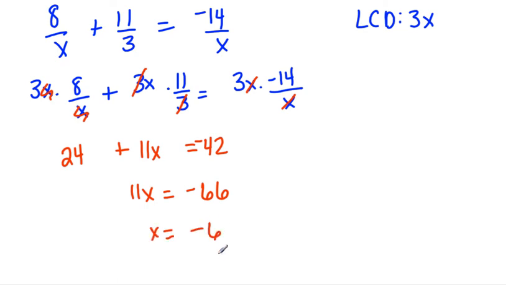Is -6 the true solution? No. Why, no? Does it make the bottom of a fraction 0 when I plug it into the original problem? No. So is it a solution? Yep.